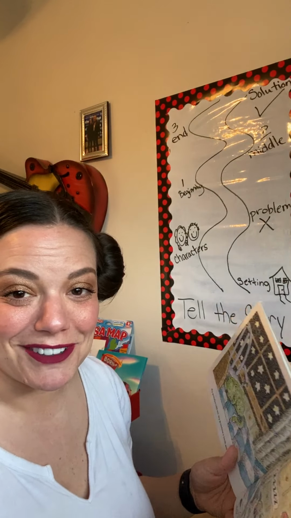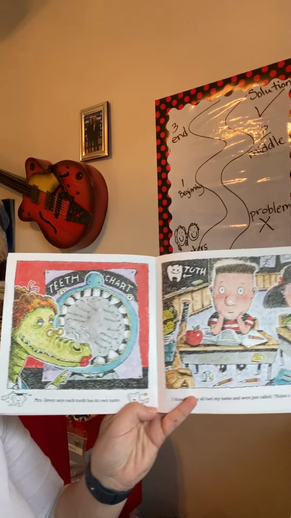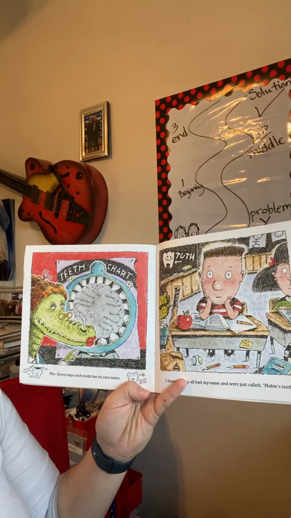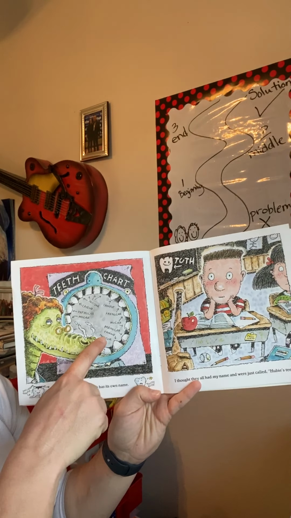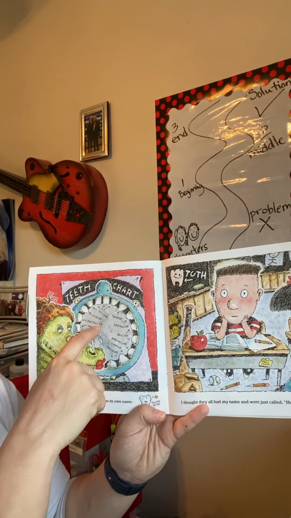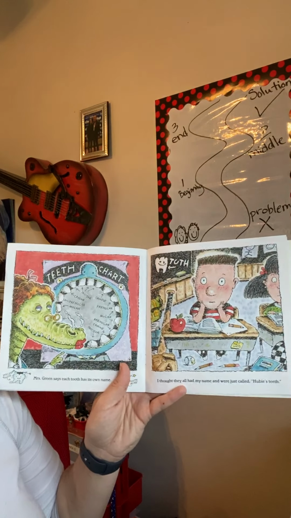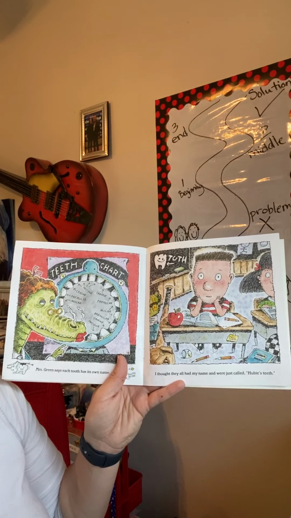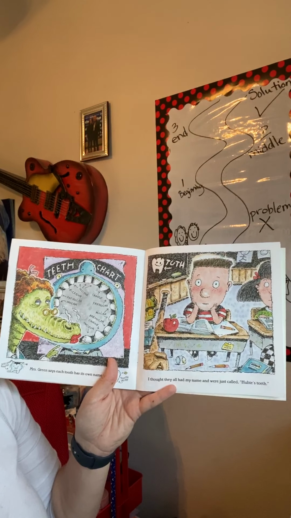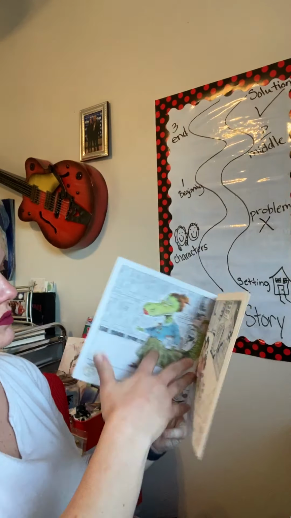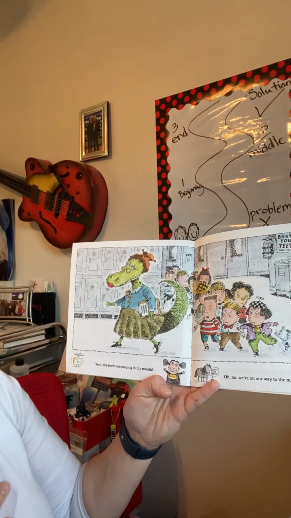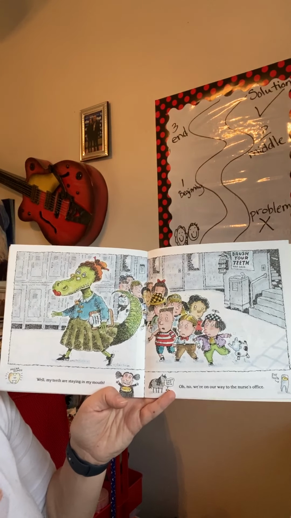This book is making me giggle. Mrs. Green said each tooth has its own name. Incisor, canine, premolar, molar, premolar, canine, incisor, canine, premolar, molar. I thought they all had my name and were just called Hubie's teeth. Well, my teeth are staying in my mouth.